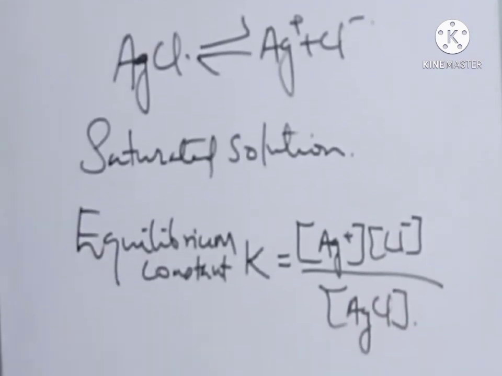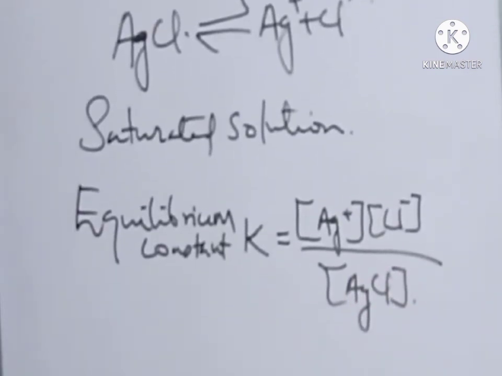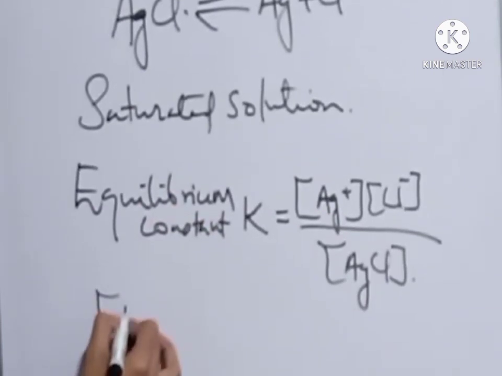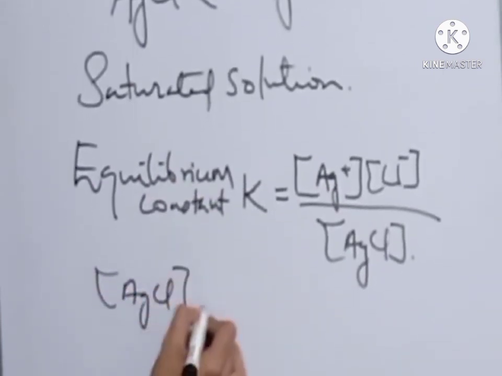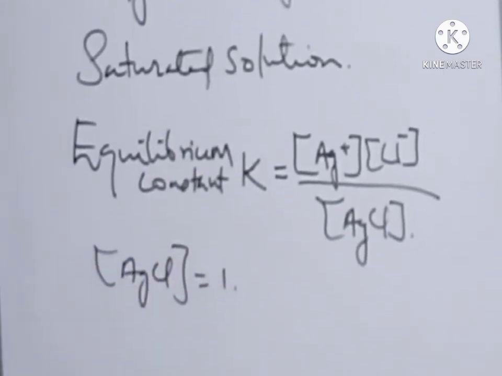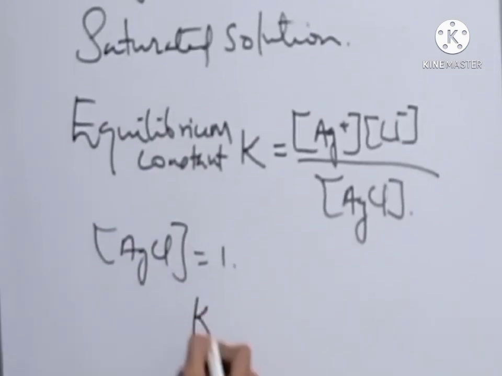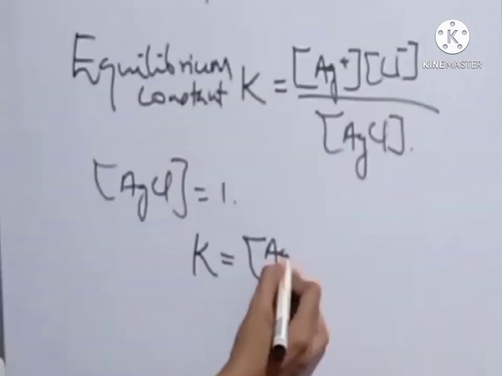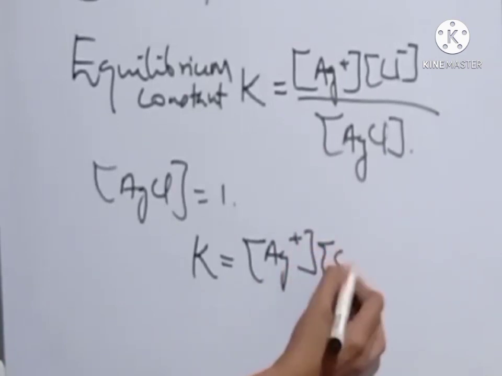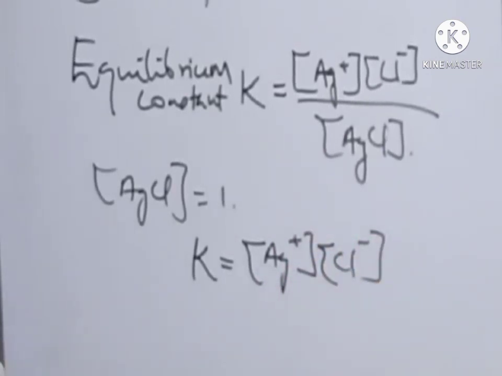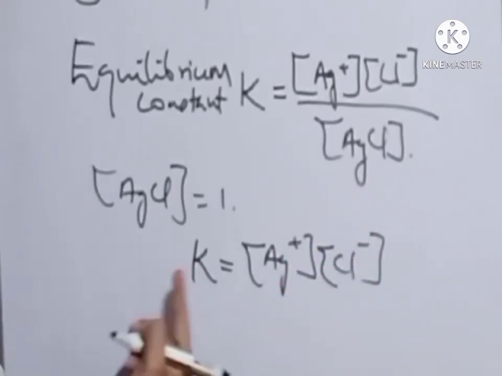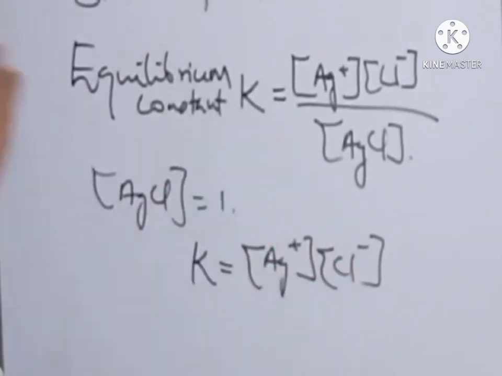Since it is a saturated solution, we can take the concentration of the solid substance as unity, AgCl equal to 1. That is, K equals the concentration of Ag plus times the concentration of Cl minus divided by 1, which equals Ag plus times Cl minus.